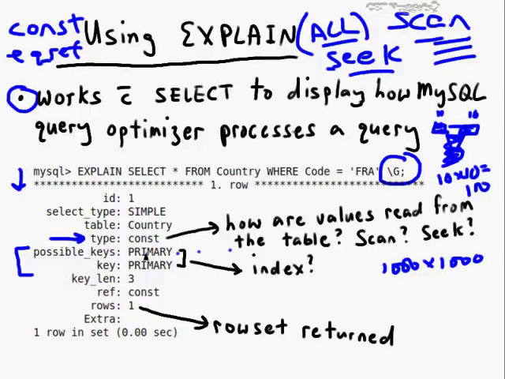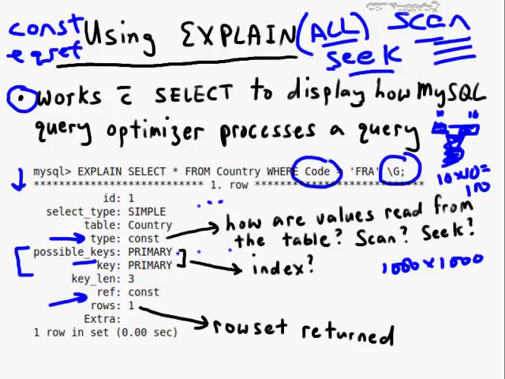Here, primary means that MySQL Query Optimizer sees that the country table has a primary key index attached to, and I happen to know this, the code column. And the key means that in this query, the Query Optimizer is in fact going to use that B-tree index on the code column to satisfy this query. The key length is 3 characters deep.